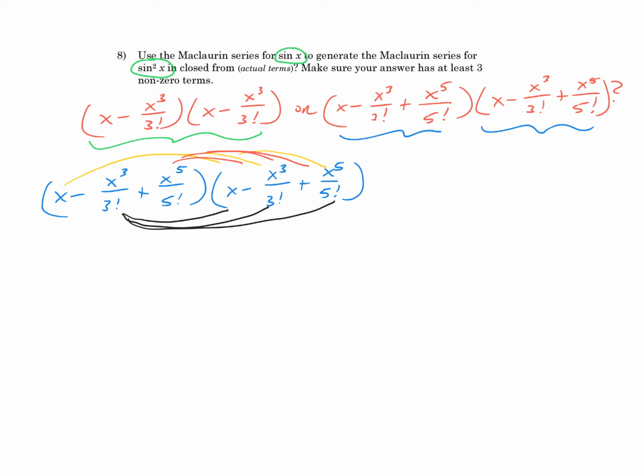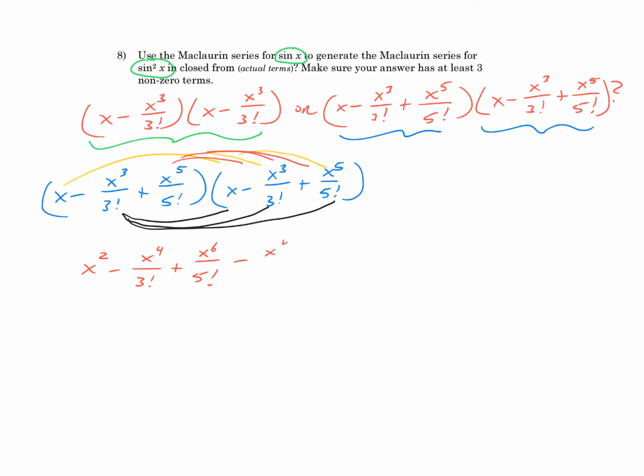So as we just start, it's a bulldoze. So x squared minus x to the fourth over 3 factorial plus x to the sixth over 5 factorial. That's the first yellow of the compound distribution.